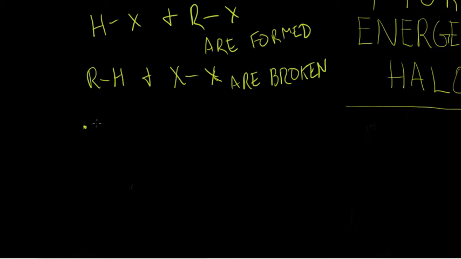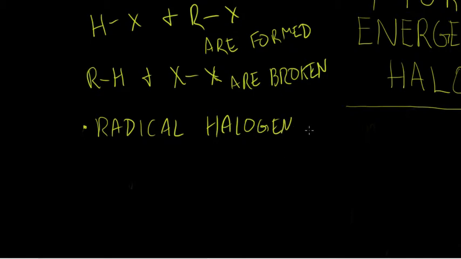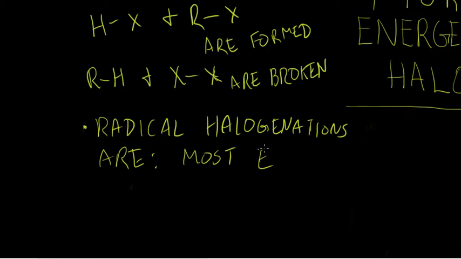So radical halogenations are most exothermic with fluorine.